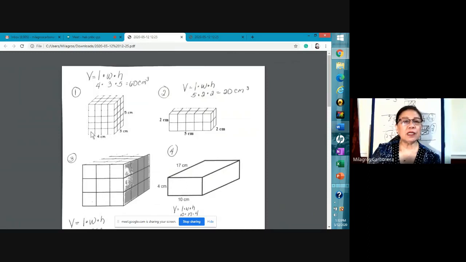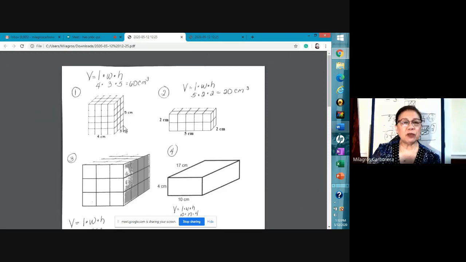So this is composed of 4 cubic centimeters, but it says just 4 centimeters. And on this side, which is the width, is 3 centimeters. And on this side, which is the height, from top to bottom, there are 5 centimeters.